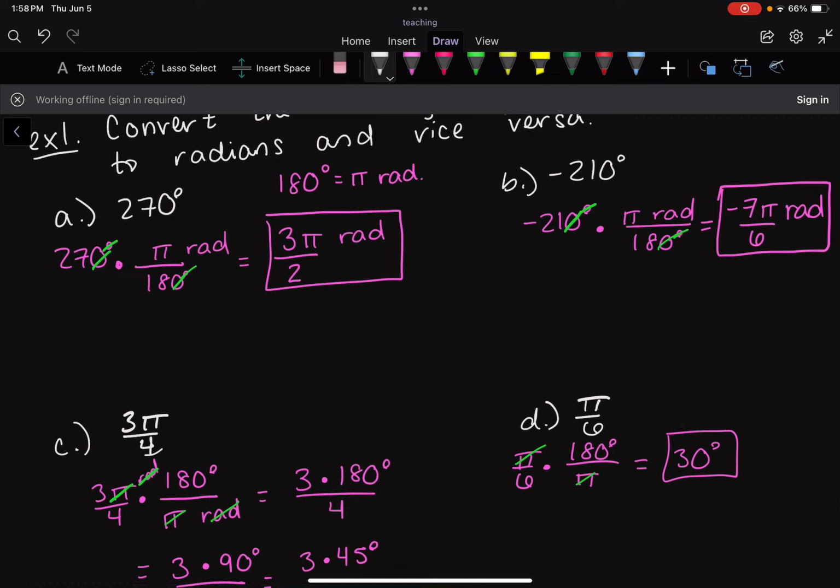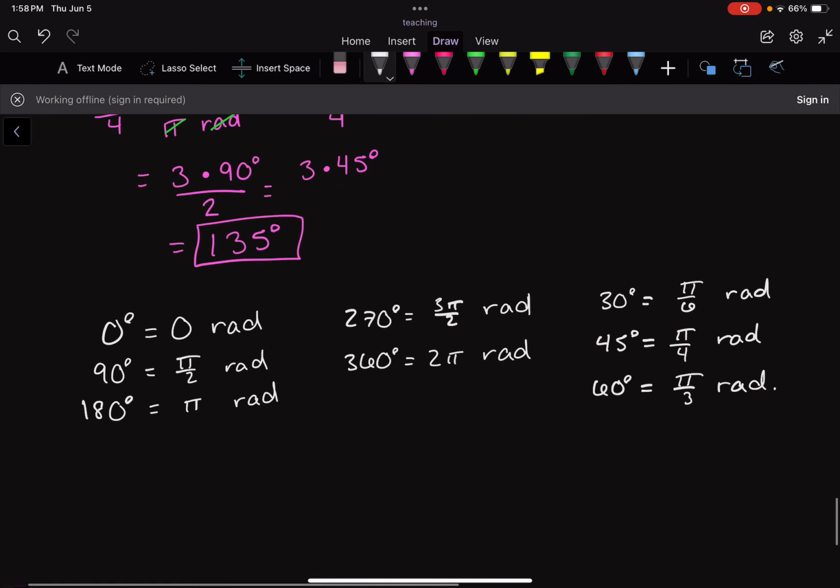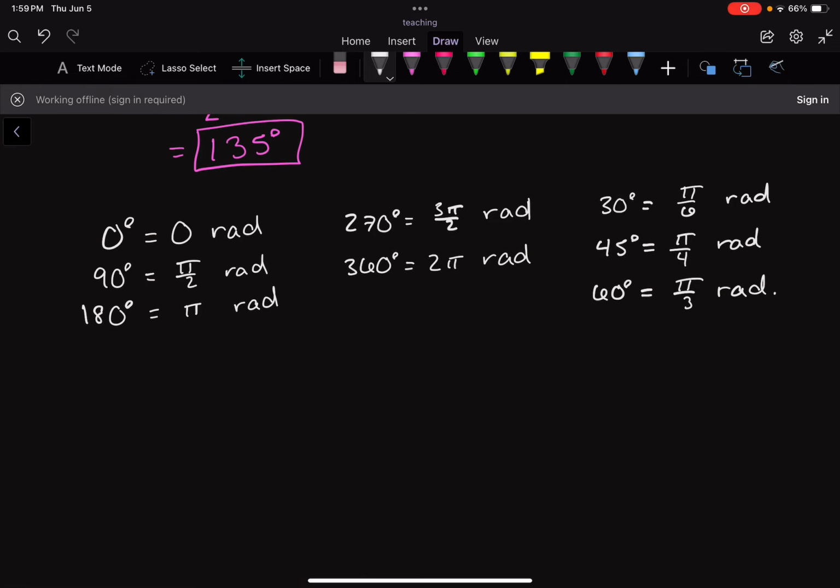I don't really teach trig from the perspective of memorizing the unit circle, so these are really the only ones I need you to know very quickly. All the other ones, I'll teach you other ways to figure out where they go. We'll see that a little bit later.